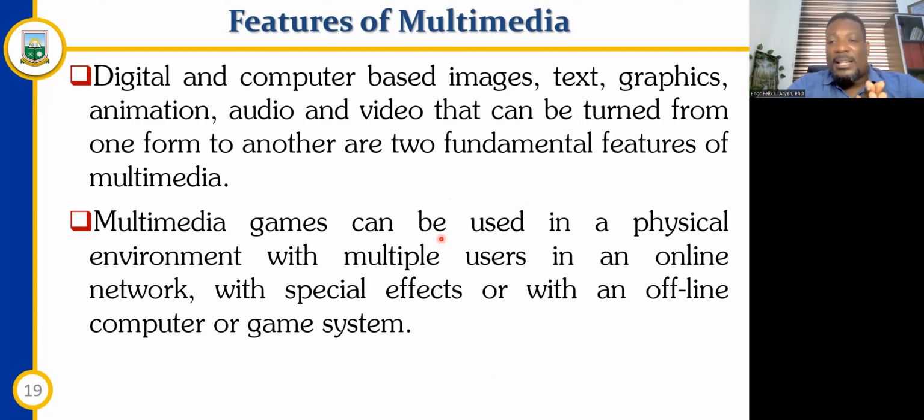So the types of content mentioned are images, text. So you can have an image. Those that have used Photoshop before, if you use Photoshop to create an image in PSD, the quality is very high and the size is very big. Usually, the bigger the size, the higher the resolution and the better the quality of the picture. So if the size is too big and the person who is going to use the picture is not really computer savvy, and would not even know that there is noise in the picture.